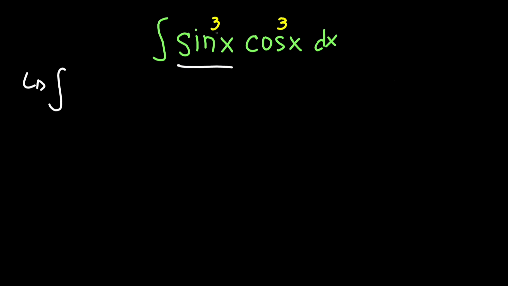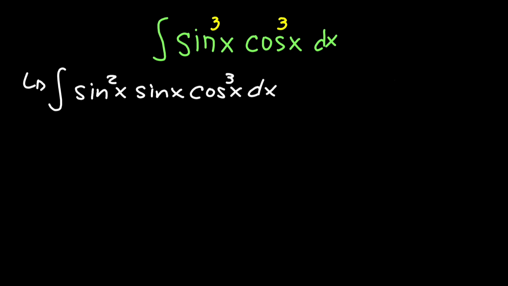For the rules of an odd exponent of sine, we must first factor out sine of x. So this would be the integral of sine squared of x multiplied by the factored out sine of x. And copy the rest first. And the next step would be to transform what's left into their trigonometric identity.